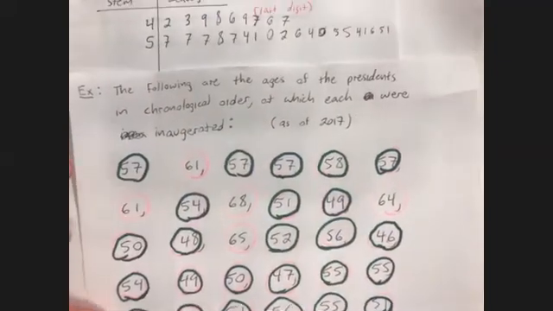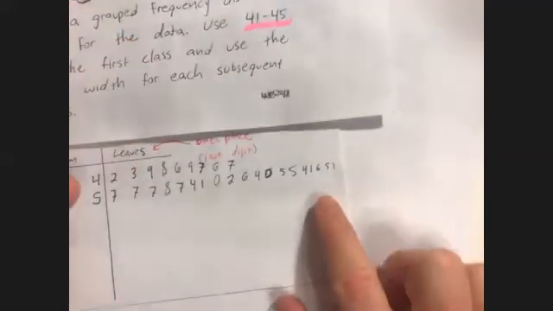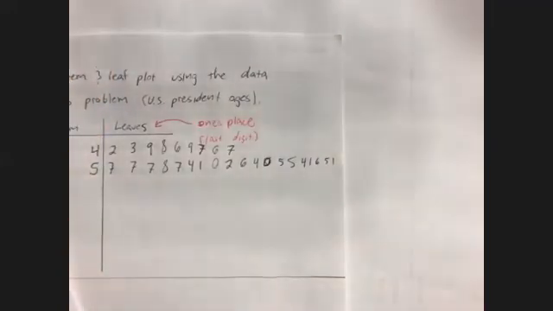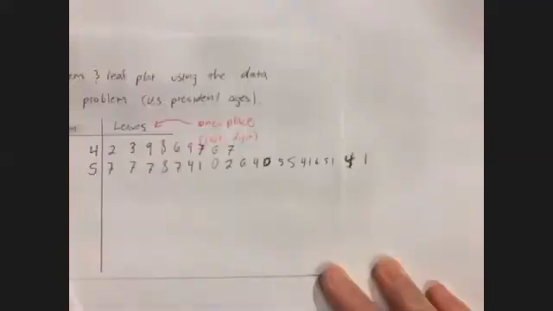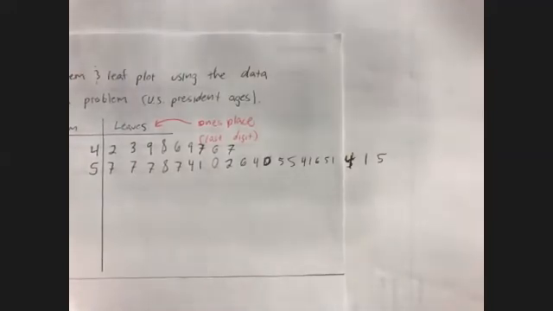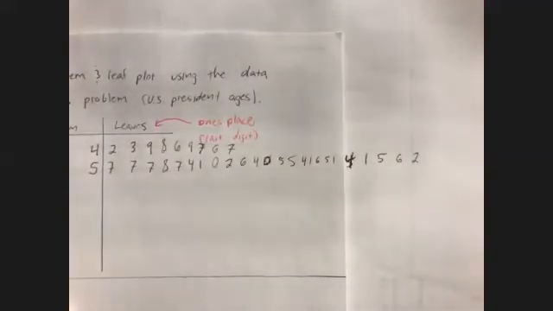Okay, looks like I'm about to run out of space. So I'm going to list them out. I'm going to just continue on this sheet of paper. These are lots of 50s. 54, 54, 51, 55, 56, 52, and 54.